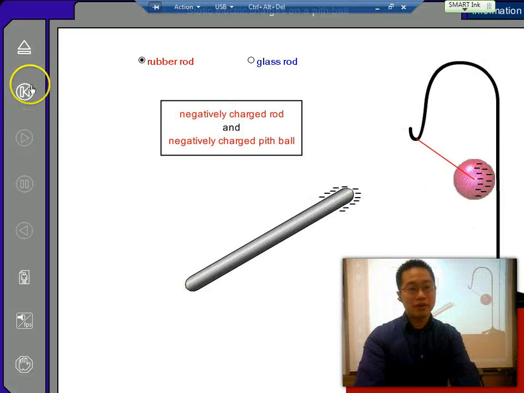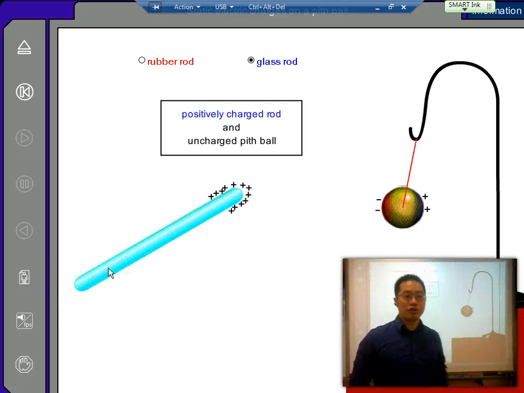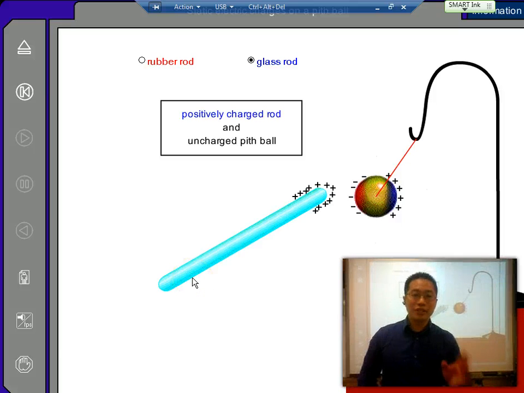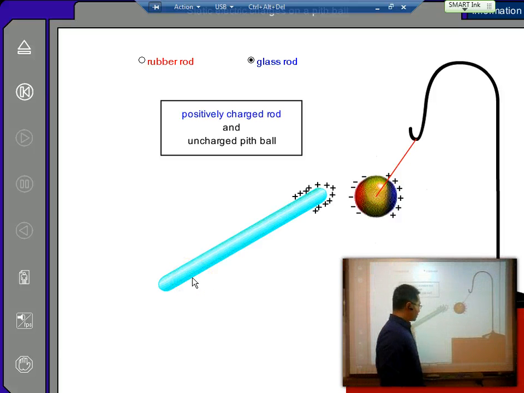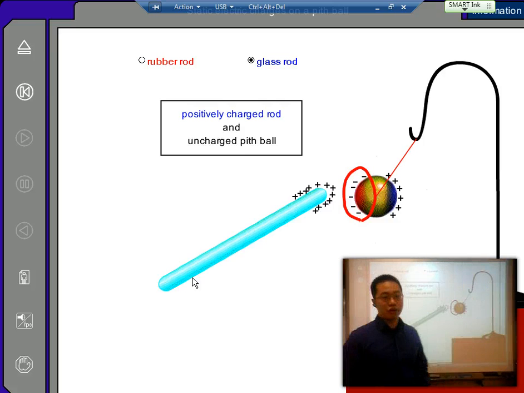Now, even if I reset this entire thing and I use a glass rod instead, a glass rod is positively charged, which means that it is missing electrons. Now, if I bring the glass rod closer and closer, I still have a dipole. But now, the negative charges are left, and they are closer to the positive charge.